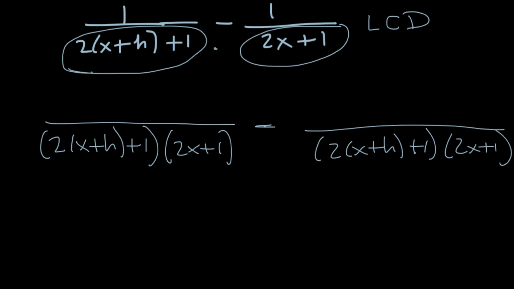And now we have to figure out what goes in the numerators so that each of these fractions is equivalent to the original. There are many different ways to do this. If we look at the first fraction, we see that in order to obtain this denominator, we would have to multiply the denominator here by 2x plus 1.